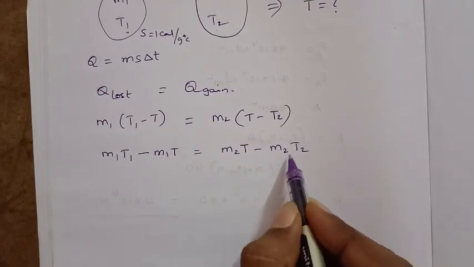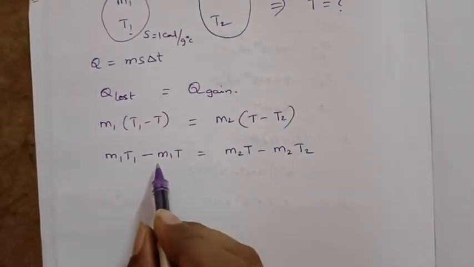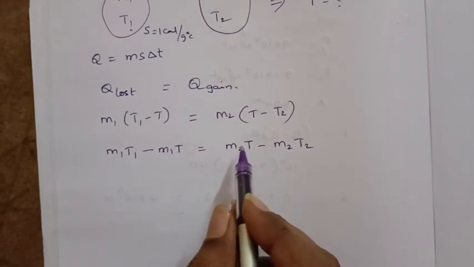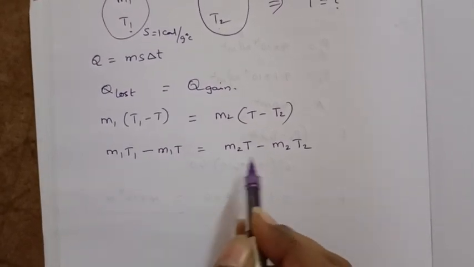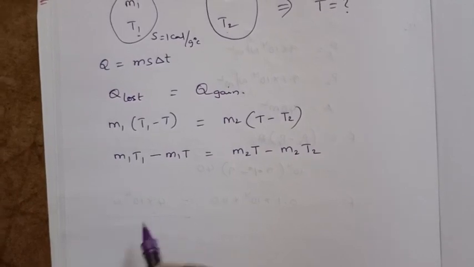This minus m2 T2 comes to this side and this minus m1 T comes to this side. So I am taking T to one side and T1, T2 to the other side.